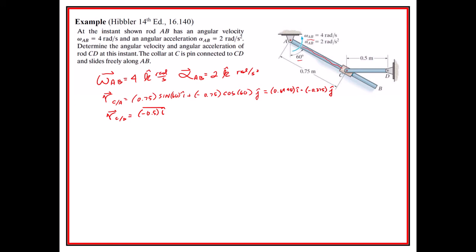I want to know the relative velocity of C with respect to A, which is V C with respect to A times the sine of 60 i, then negative V C with respect to A times the cosine of 60 j. This assumes they're positive.